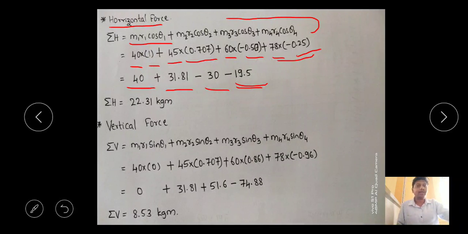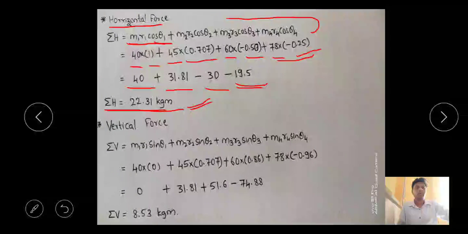After adding all this, delta H is equal to 22.31 kg meter. Why kg meter? Because M1 R1 is in kg meter and cos theta is just a value, so we will not get any units for that. So we have found the horizontal component as 22.31.